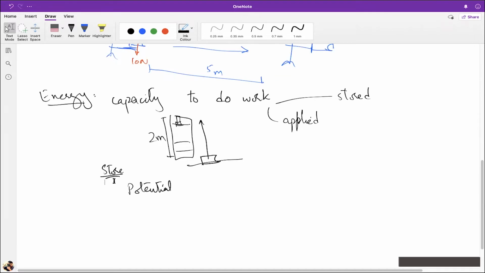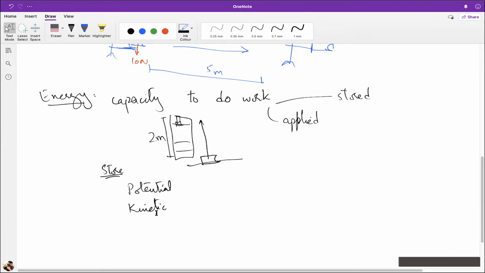Similarly, if you took this book and you started running for whatever reason, then you would have a store of energy in you, and that would be kinetic energy because you're moving. Kinetic comes from the Greek word for movement. So kinetic energy is the energy stored in something just because it's moving.